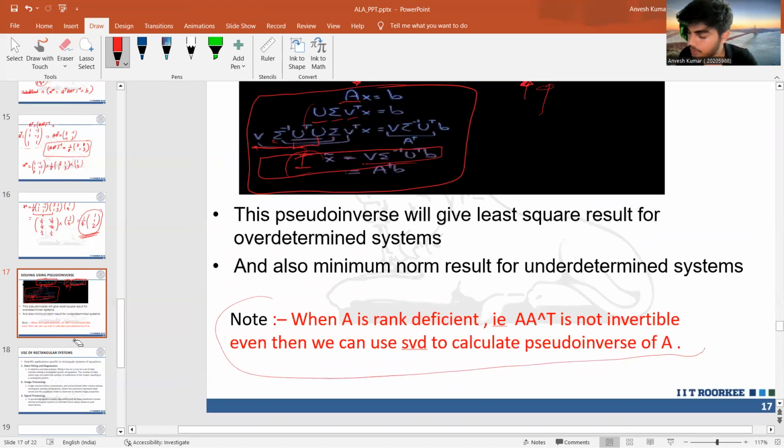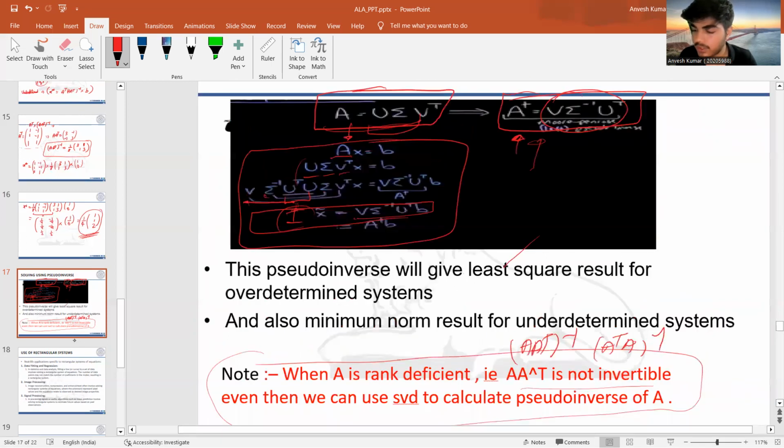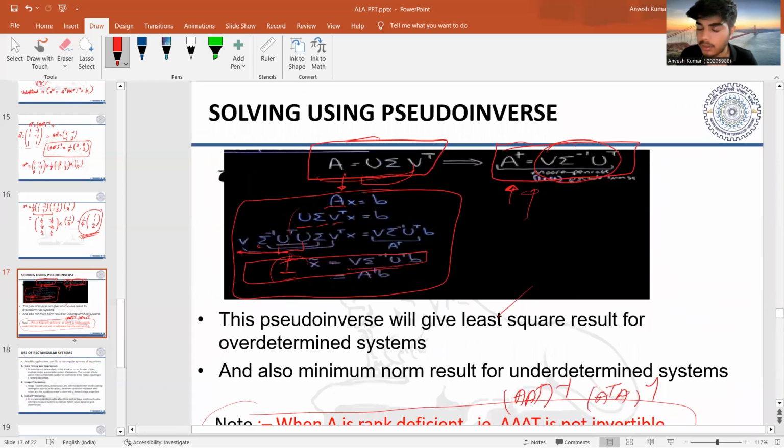If A is rank deficient, which means A transpose A is not invertible, then we cannot apply the above formulas in which we are using A transpose inverse or A transpose A inverse. Those formulas will fail, but this method will still apply. So the use of SVD is extremely helpful here, and it is surprising how this gives the same result as the one we calculated using differentiation and constraint optimization.